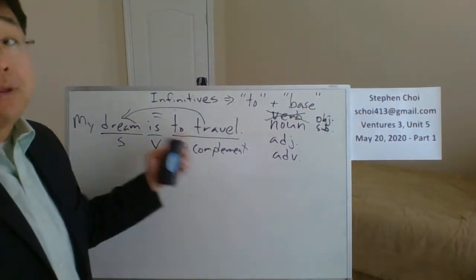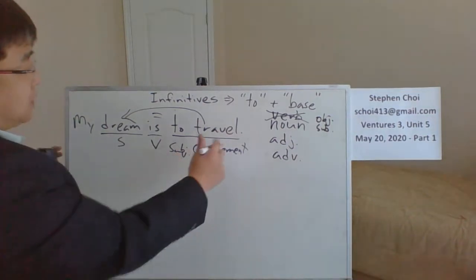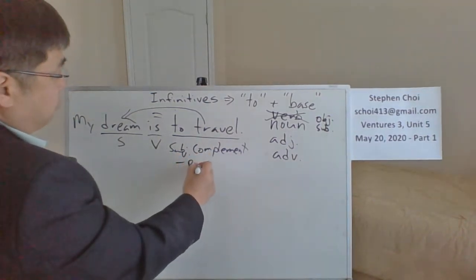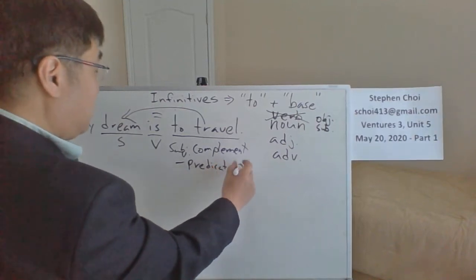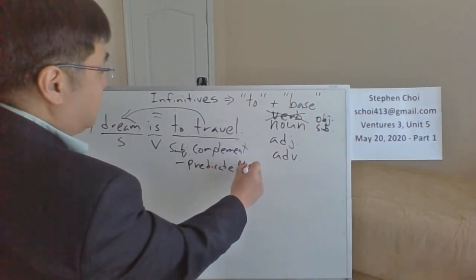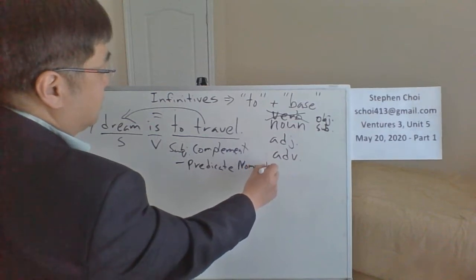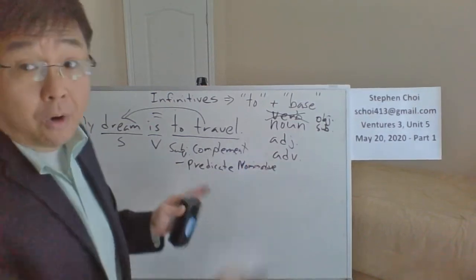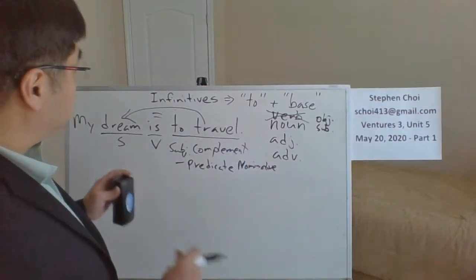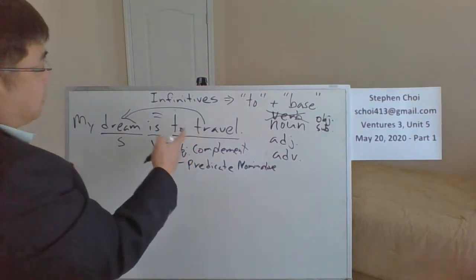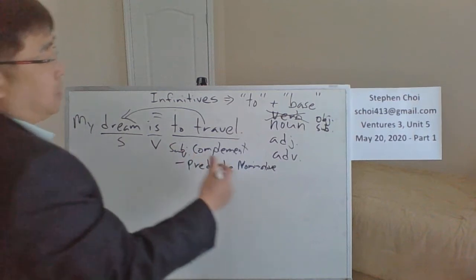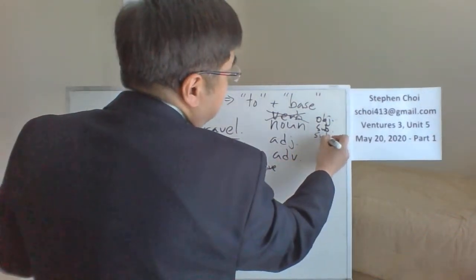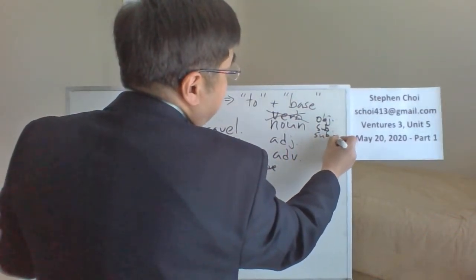They're the same thing, just a different position, just renaming it. So when you rename the subject, that's a subject complement, but more specifically, we call this a predicate nominative, because it renames it. These are big words. Don't worry about it as ESL students, but just know that this "to travel" renames "dream." And this is called a subject complement.